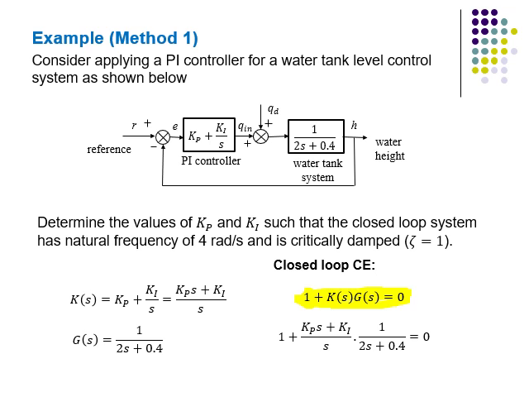So if we substitute the transfer functions K and G, we have the equation at the bottom here. And then we can multiply both sides of that equation by the denominators of the transfer functions so that we have an equation that looks more like a polynomial in s.